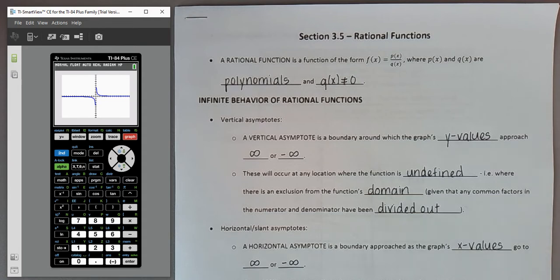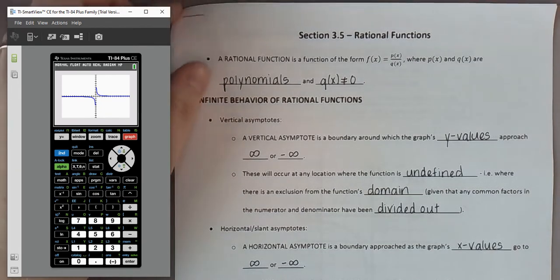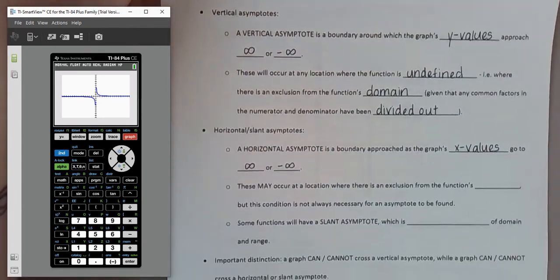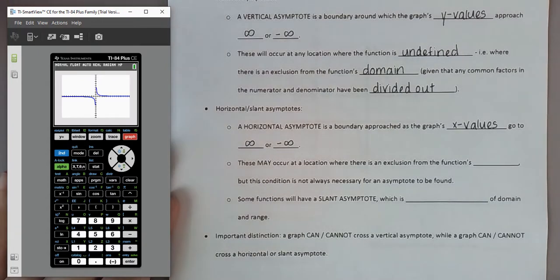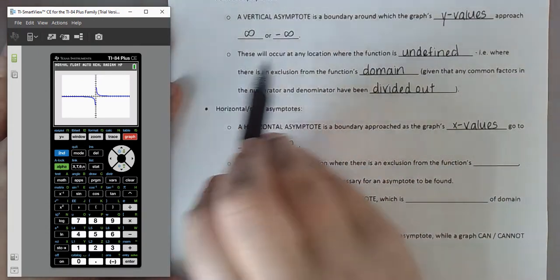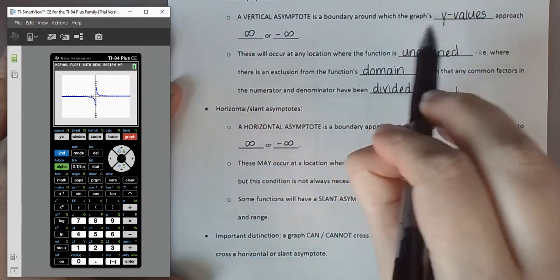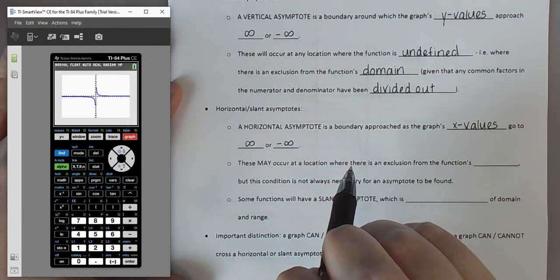We have just portions of the graph that kind of drift off and go towards particular locations in these particular ways, and the boundaries end up dividing the graph into pieces either vertically or horizontally. Now, the horizontal asymptotes are not going to be as simple to find in terms of how they're related to the function itself. So vertical asymptotes occur where the function is undefined, in other words, where we have a divide by 0 error.